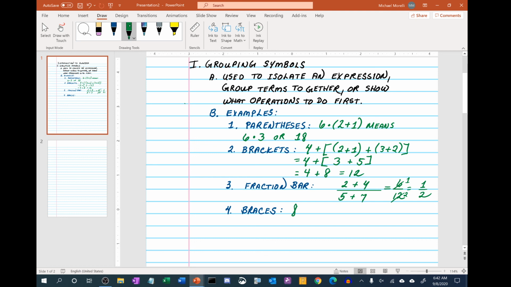We'll do 8 minus open brace, 5 minus 3, close brace. And what that means is 8 minus 2, which equals 6.